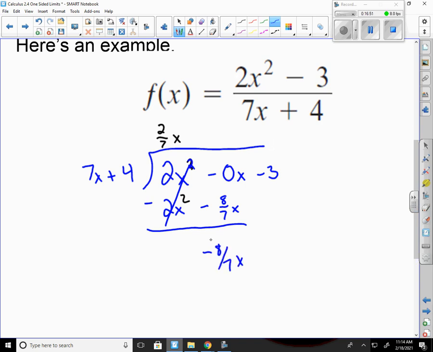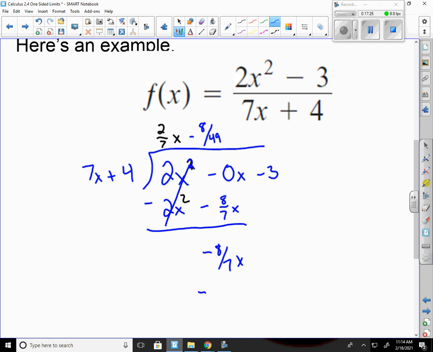So what would I multiply 7x by to get negative 8/7 x? Well, I'd have to multiply that by negative 8 over 49. 7 over 49 is going to reduce to just 1 over 7, and then times 8 gives me 8 over 7.